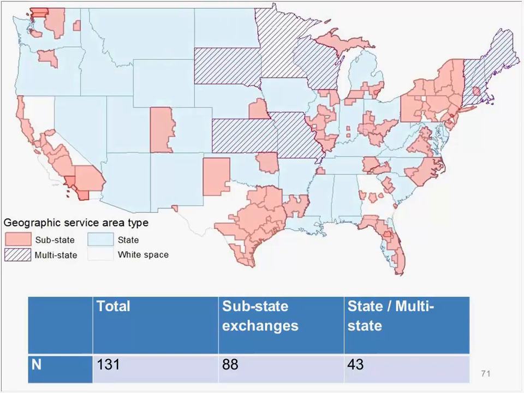So far I've been dealing solely with the self-reported service areas, the areas the HIOs say they serve. That's on this map. Now I'm going to look at the markets actually served by the HIOs.